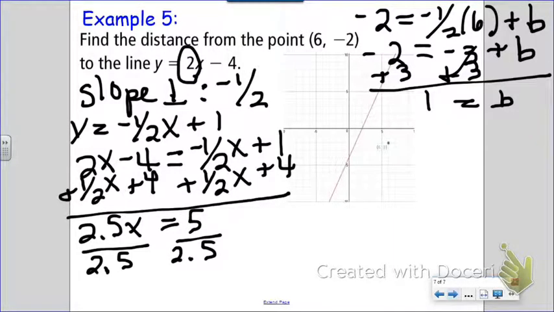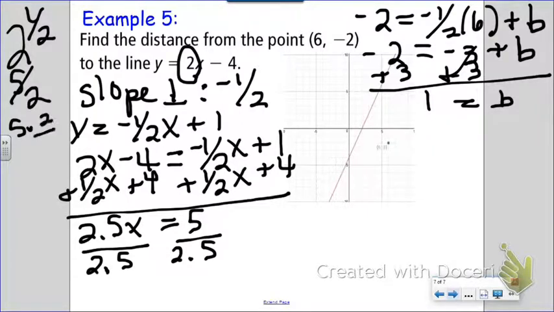So 5 divided by 2.5, which may not be the easiest decimal-wise, but if you think of it, 2.5 is 5 halves. 5 divided by 5 halves is the same as 5 times 2/5, so that equals 2.